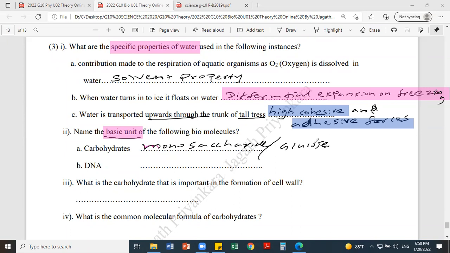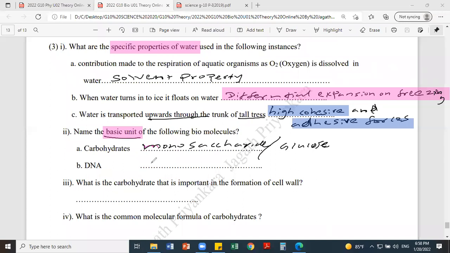Why? Starch is made of glucose, cellulose is made of glucose, glycogen is made of glucose. All the carbohydrates contain glucose, even monosaccharides and disaccharides, except fructose, galactose and others. So it is better to write monosaccharide, but I think in this question they should have given starch, right?